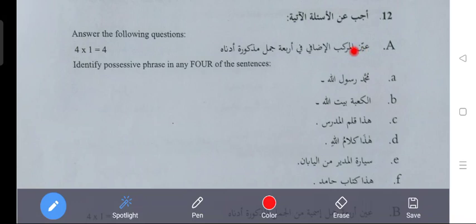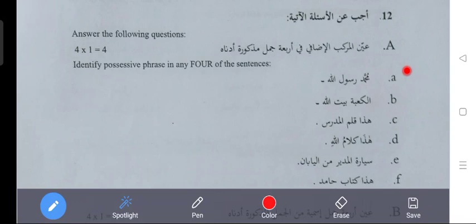Ayyin al murakkab al idafi fi arbati jumalin madhkuratin adnahum. Identify possessive phrase in any 4 of the following sentences. Carries 4 marks. What you have to do: he will give you the sentence in Arabic and you have to find out the possessive phrase.